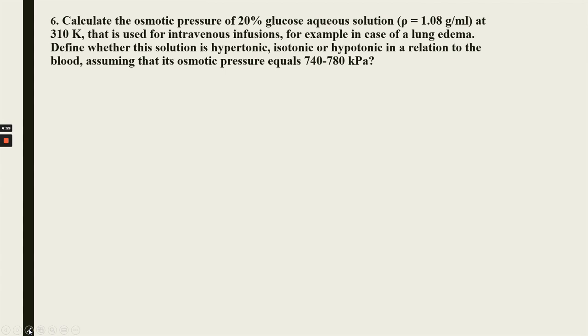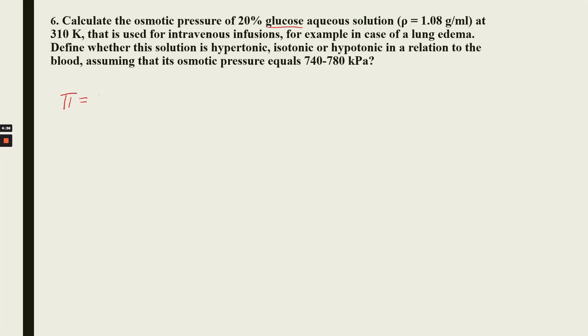Problem number 6, please stop the video and write it down. Basically, we see that this is a glucose solution. Glucose is non-electrolyte, so we will calculate the osmotic pressure using that formula.